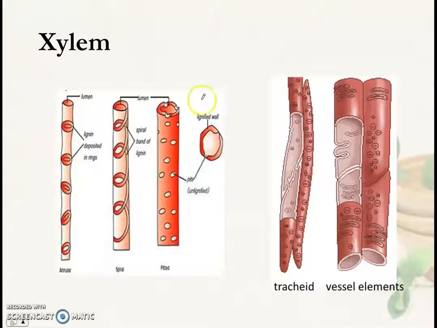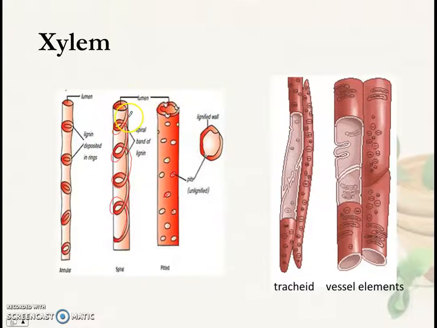So xylem vessels also come in different types. There are xylem vessels where the lignin is deposited in rings. There are xylem vessels where the lignin is deposited in spirals. There are xylem vessels where the lignin is deposited in such a way that you will see little pits that are not lignified. So lignin can be deposited in different ways.